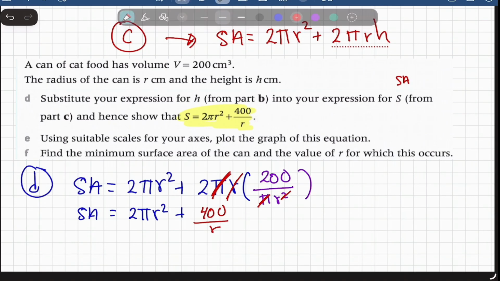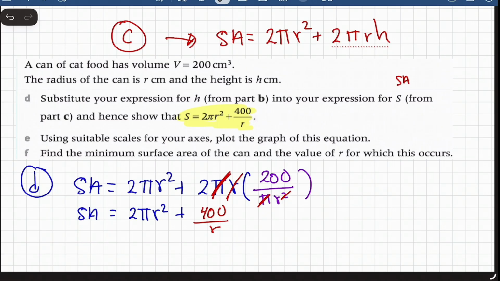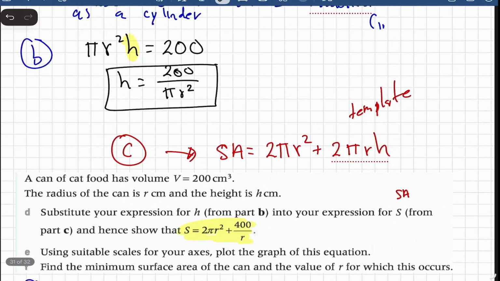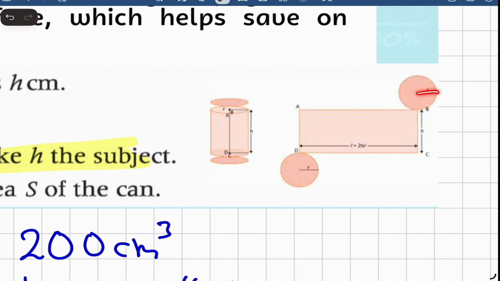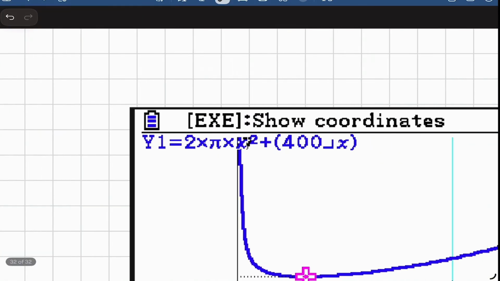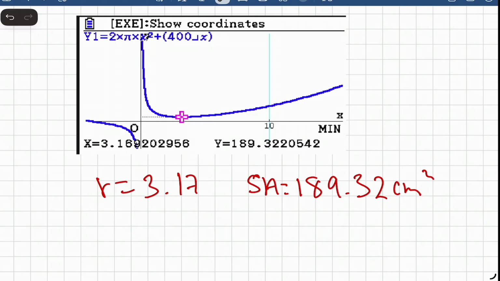Well, if we have this equation that represents the template of the cylinder, and we cut, what is r? R is the radius. Which radius? The radius of the cylinder. So if we cut this, if we have this circle with a radius of 3.17 centimeters, okay, we can build the cylinder.